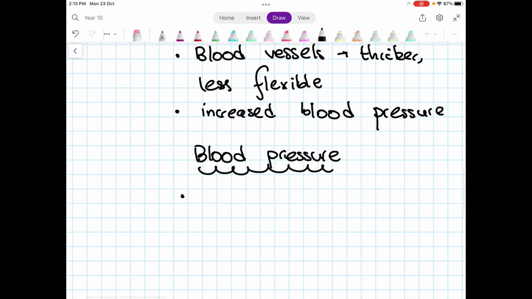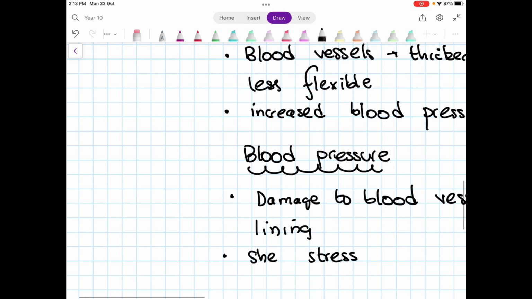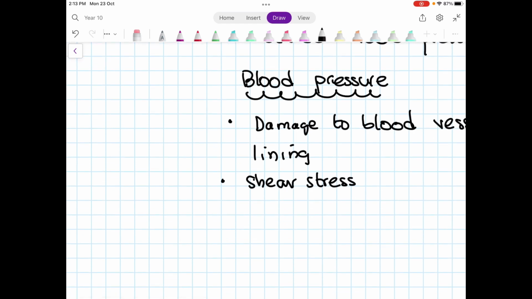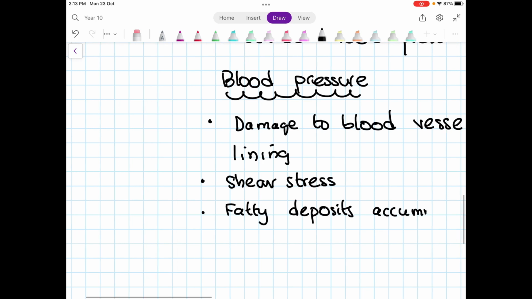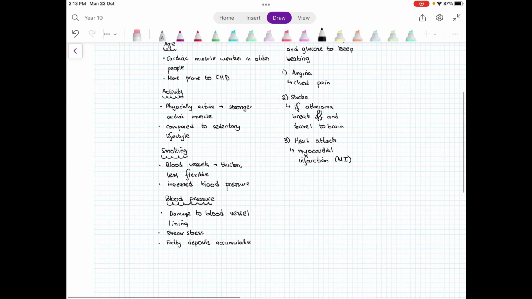Higher blood pressure causes damage to the blood vessel lining due to shear stress, and these are where fatty deposits can accumulate.